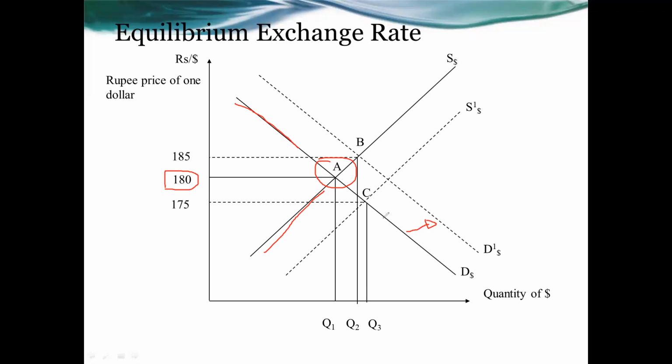Now the initial demand curve shifts to the right-hand side. You can see that the initial point A shifts to the new equilibrium point, point B. That is the new equilibrium as a result of the change in foreign currency demand.